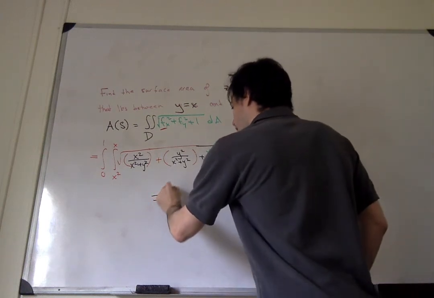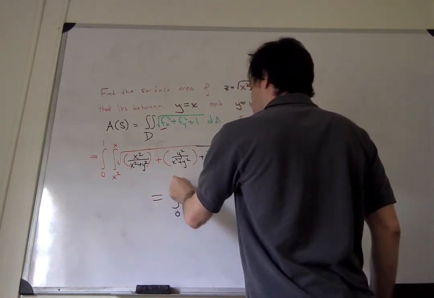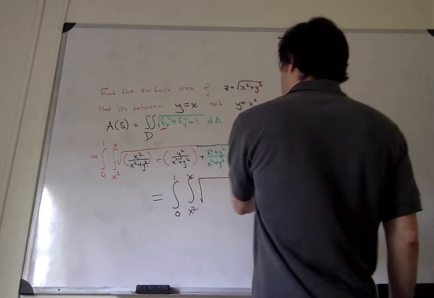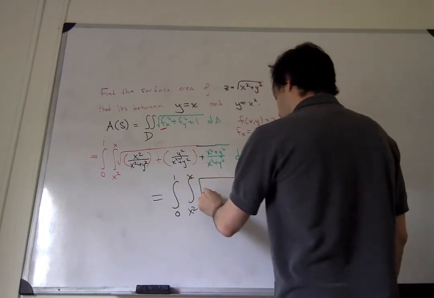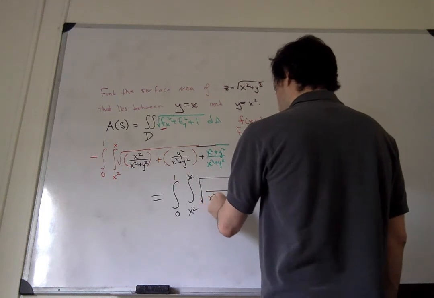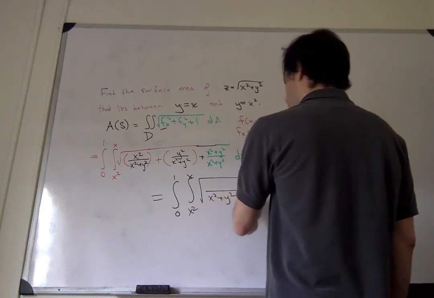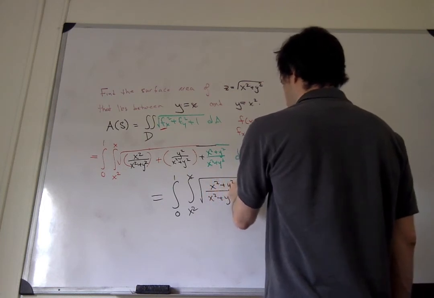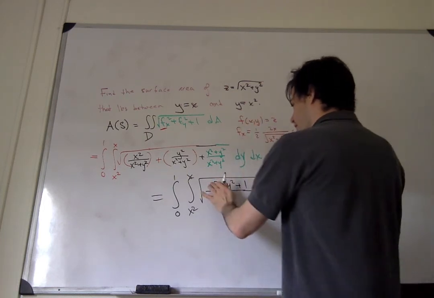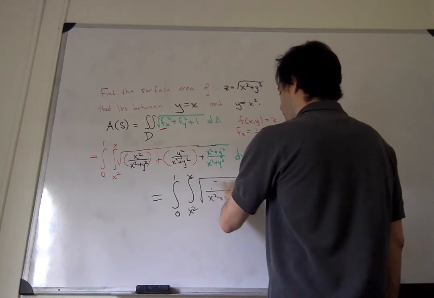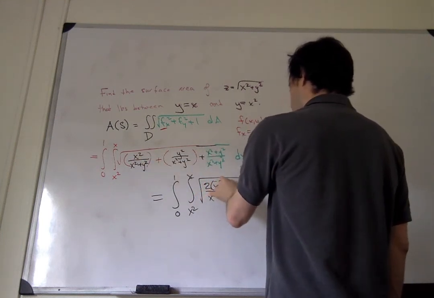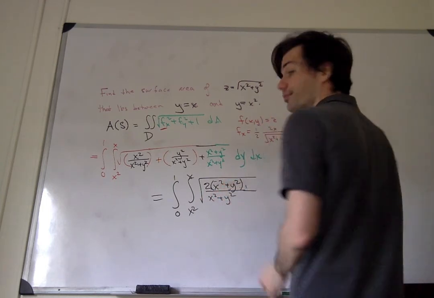Cleaning things up, I go from 0 to 1, x squared to x, and x squared over x squared plus y squared plus y squared over x squared plus y squared plus 1. Sorry, that is not correct. x squared and x squared, I get 2 times x squared plus y squared.